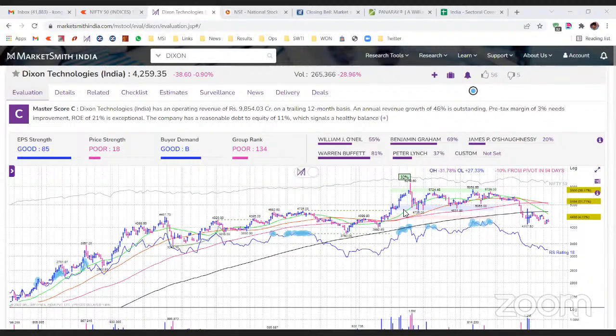So for the sake of repeating, again, I think what we've seen in the past is that when technicals are weak, I think fundamentals should not be used to justify. So a lot of global institutions follow this practice of following technicals for selling only, and they only look at selling. They look at technicals only when they are selling. In the Indian context, specifically retail context, we try to justify fundamentals when such structural things are being seen in the market. And again, I think this year, or what we've seen in the last year and a half, is going to be a year of consolidation for the markets.